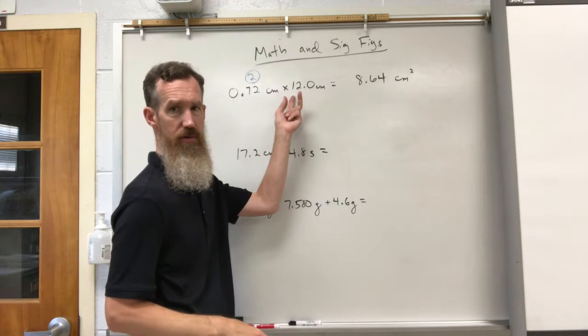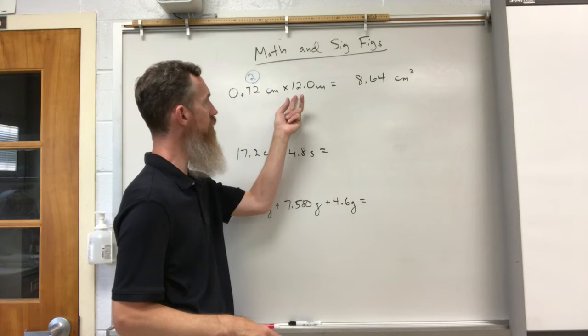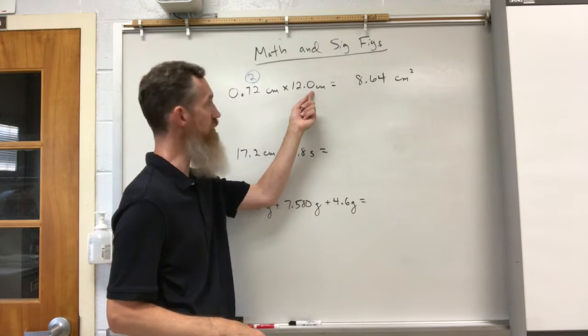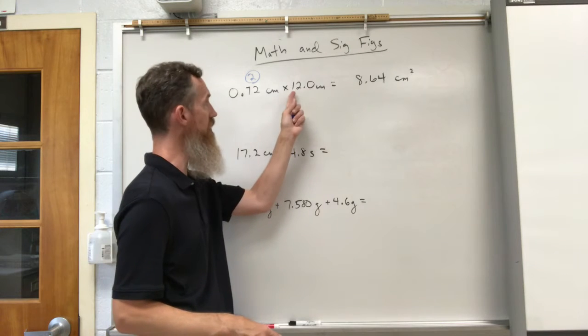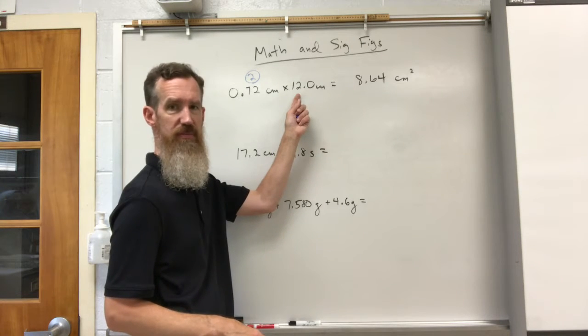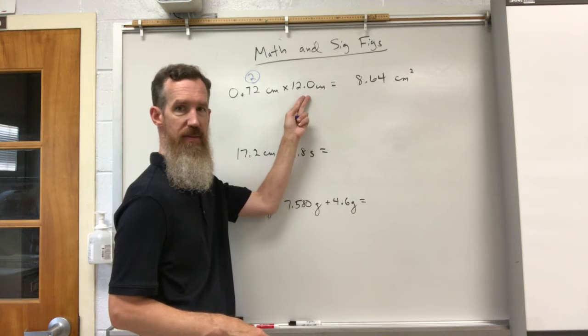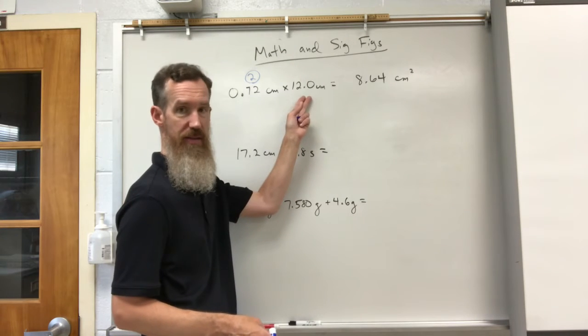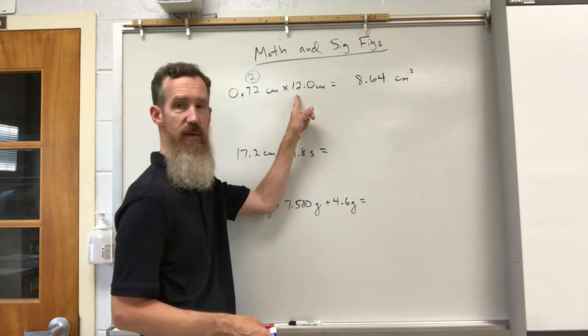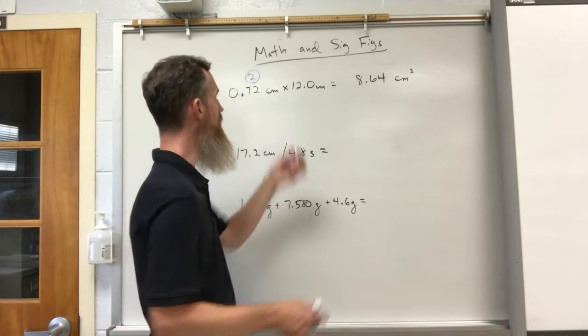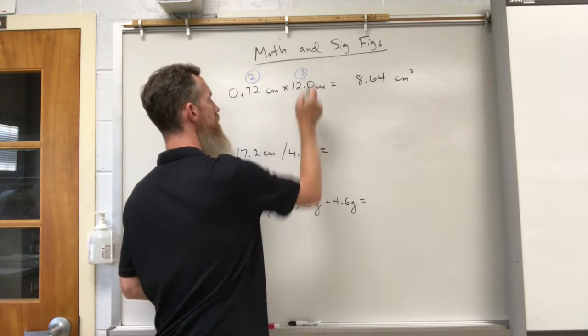With this ruler, we could only go to the tenths place, and that was our guess, the tenths place. We said it landed exactly on 12, and we said 0.0 to keep that guessed placement there, to tell the reader, hey, it fell exactly on 12. But if I look at this, this is three significant figures.